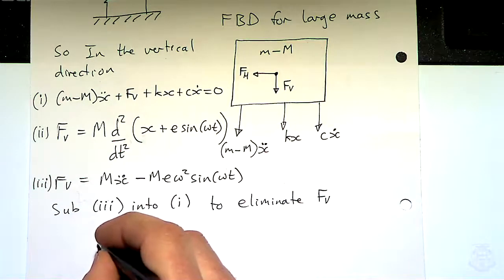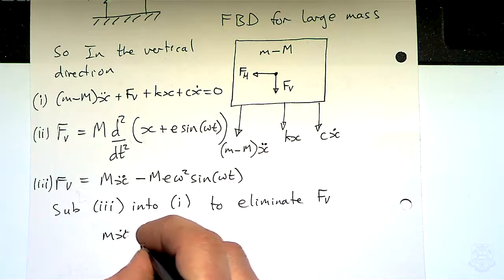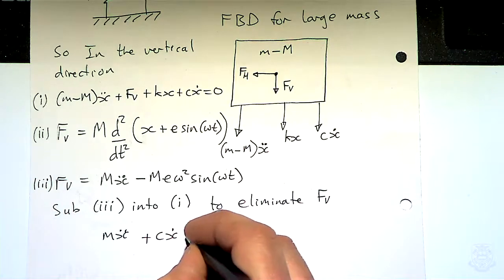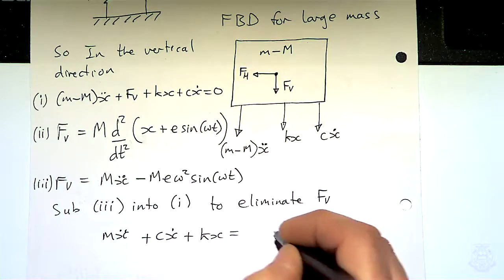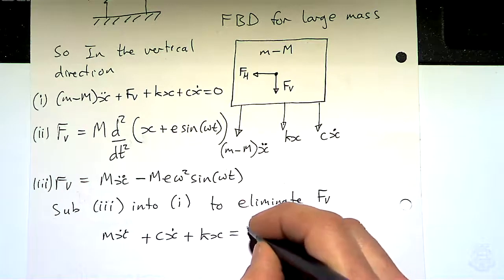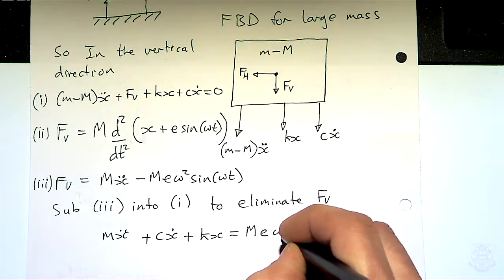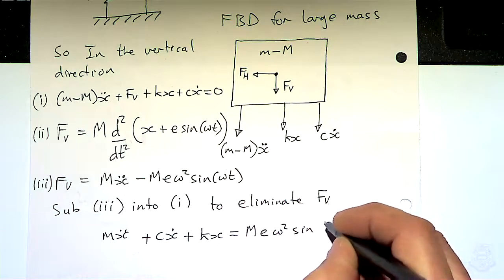If I do that, I get m x double dot plus c x dot plus kx equals M e omega squared sine omega t.